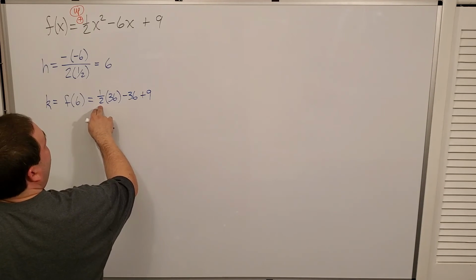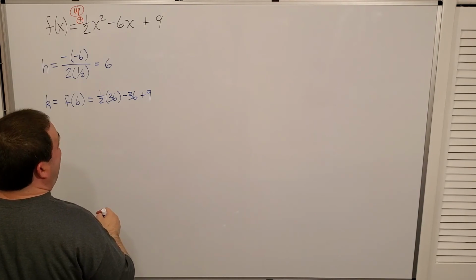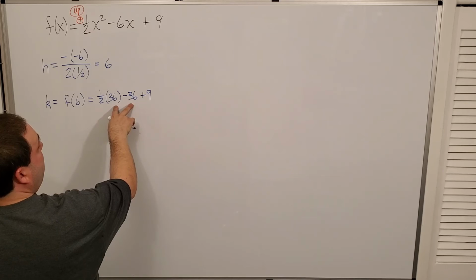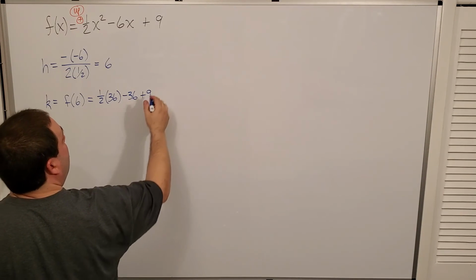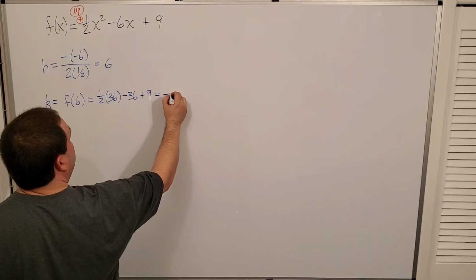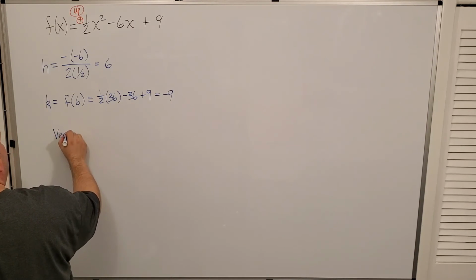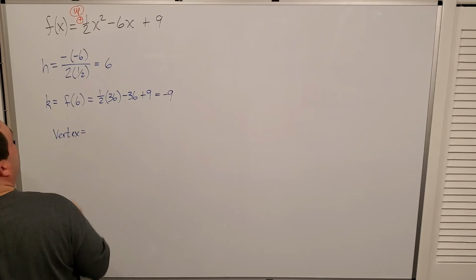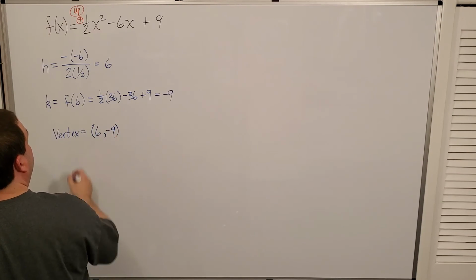So 1/2 of 36 is going to be 18, which would then make negative 18 with the negative 36, plus 9 would equal negative 9. So then my vertex is the point 6, negative 9.